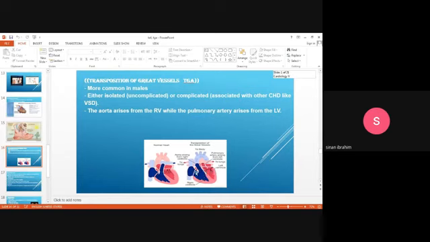The shunt may be a PDA, so the patient will be PDA dependent, relying on the shunt of a PDA to continue life, or a VSD or ASD. So part of the oxygenated blood will cross from the right side to the left side, and the patient continues his life.